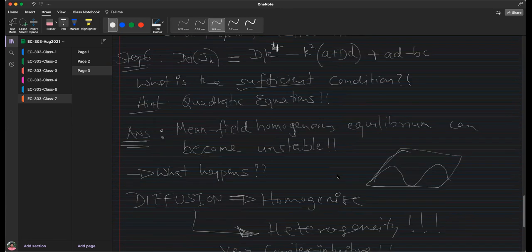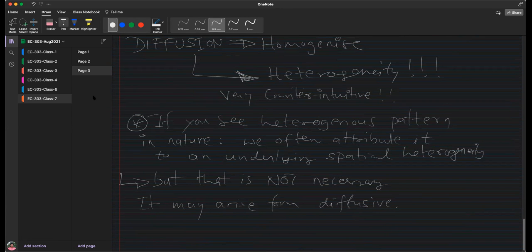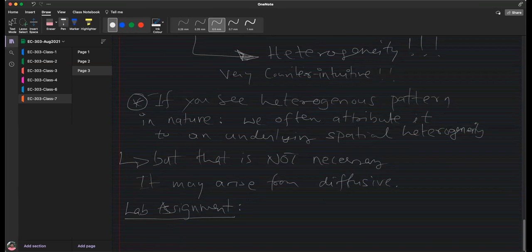Okay. So let me just write down the lab assignment for today. Lab assignment. If you did not, please complete steps 1 to 4.